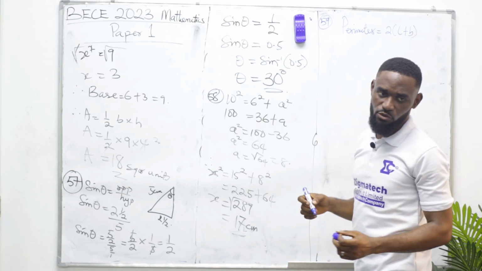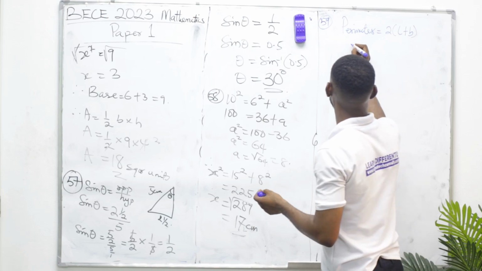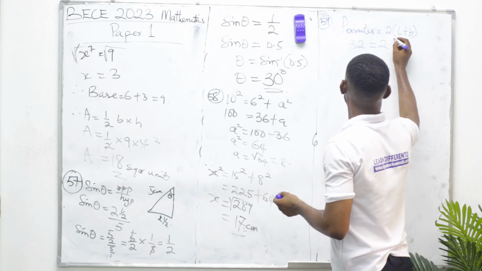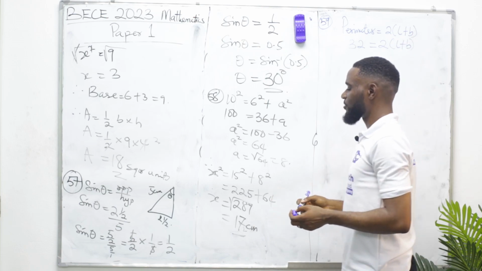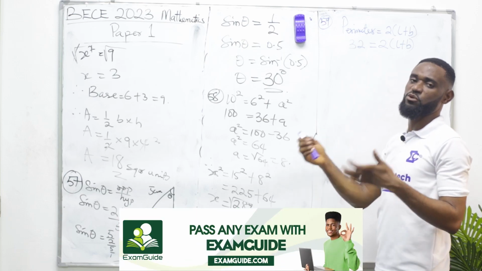They say the perimeter is 32, so 32 is equal to 2 into L plus B, right? So let's just find a way of getting two equations in this.